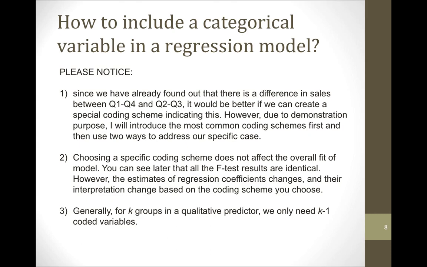However, the estimates of the regression coefficients and their interpretation change based on the coding scheme you choose. And the third point is that generally for k groups in a qualitative predictor, we only need k-1 coded variables.